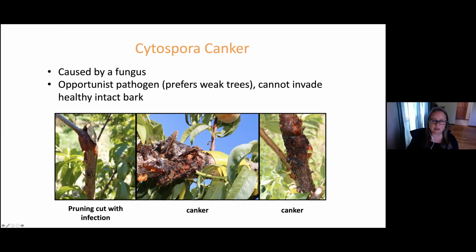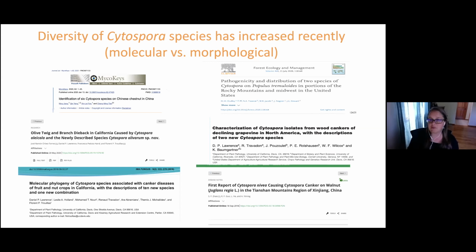So really interestingly, in the last 5 to 10 years or so, the number of species that have been discovered in Cytospora has increased substantially. Just about every 6 months or 4 months or so, there's another species that's been identified and named because so little is known about Cytospora species.